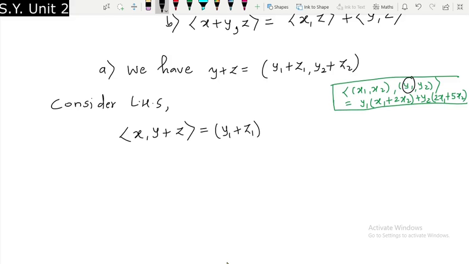So y1 plus z1, inside the bracket it should be x1, as it is, no issues with that, plus twice x2, and instead of y2 I should have y2 plus z2, and the rest of the things will be as it is, that is twice x1 plus 5 times x2.